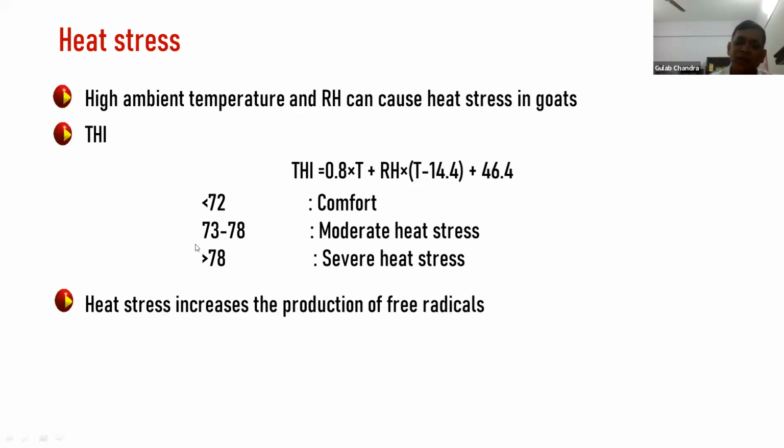If the value is 73 to 78, the goats feel moderate heat stress. If the THI value is greater than 78, the animal feels severe heat stress. Heat stress also promotes the production of free radicals in the different cell organelles.